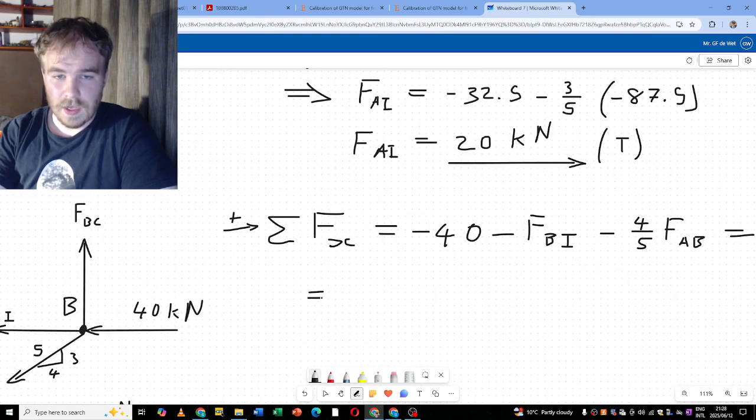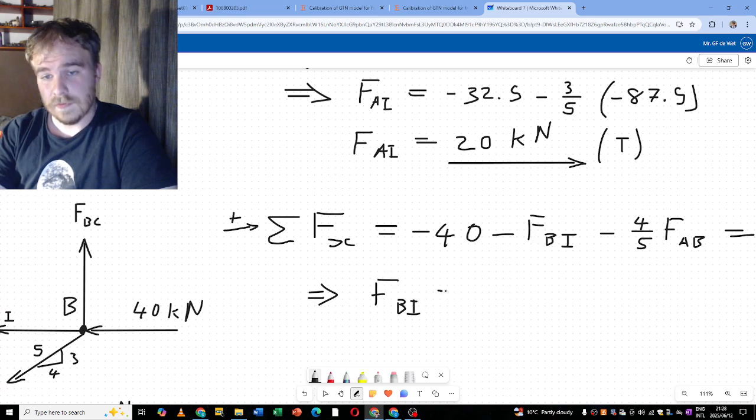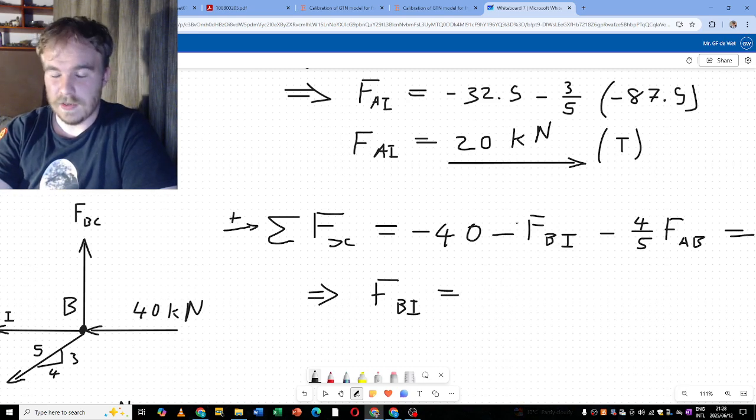Then we have FBI is equal to, and we see that it's negative. We don't want to calculate the negative value of FBI. We want to calculate it as we specified it over here, so we move this to the other side, so we keep these two the same.